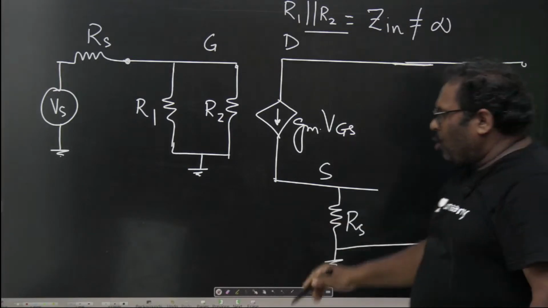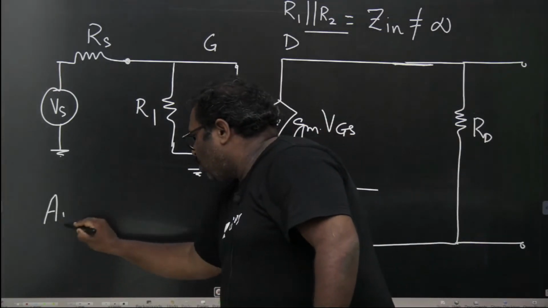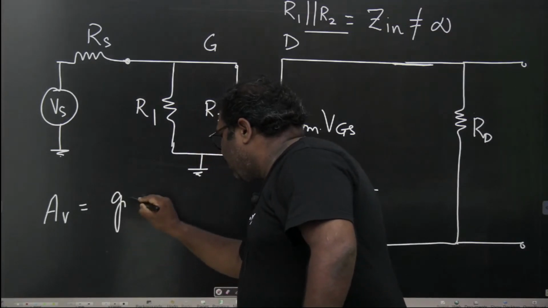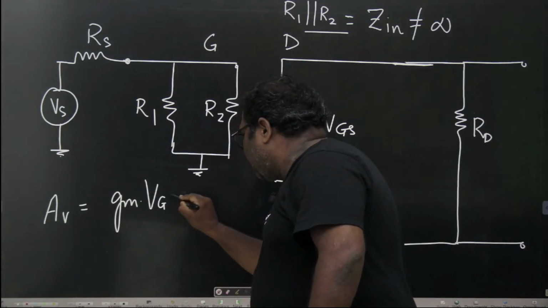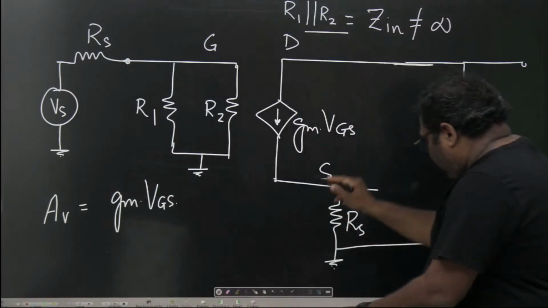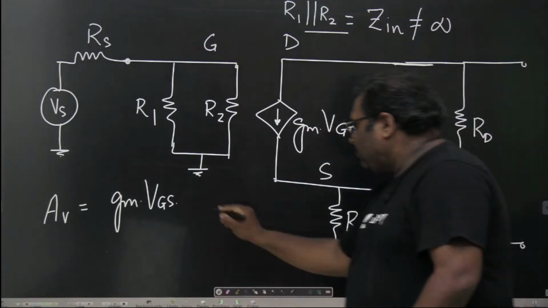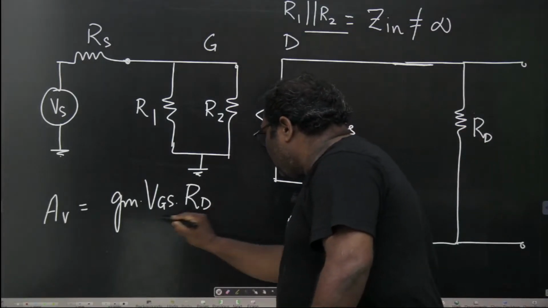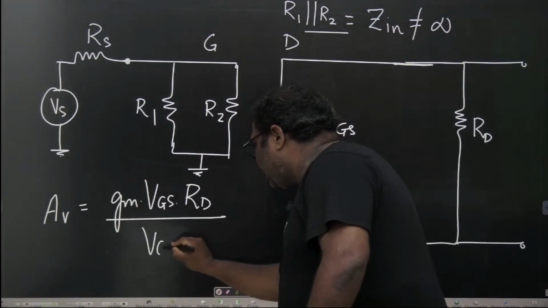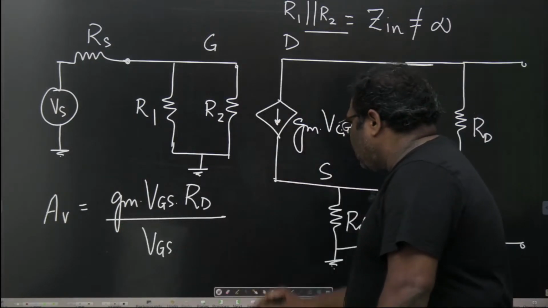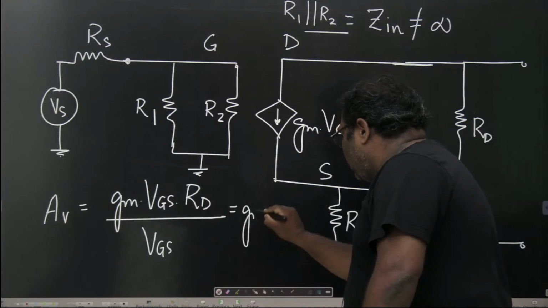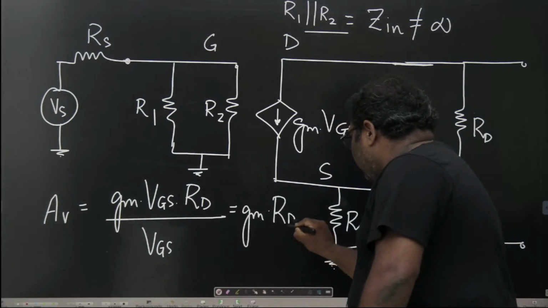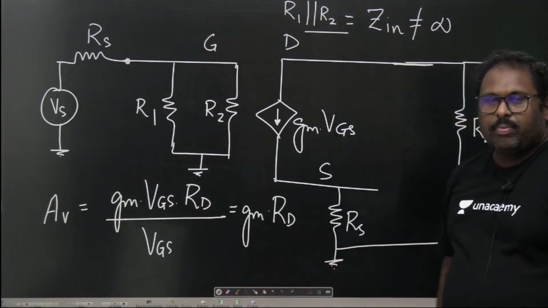So your output voltage will be gm into VGS times the current flowing through RD, divided by the input voltage VGS. So logically it is gm into RD. Simple as that.